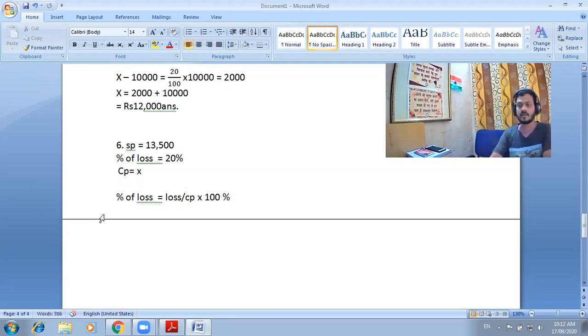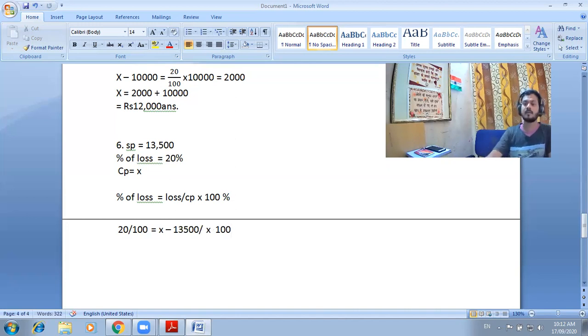So percentage of loss equals 20 by 100. What is the formula for loss? Loss equals CP minus SP, where CP is X and SP is 13,500, the selling price, divided by X into 100.